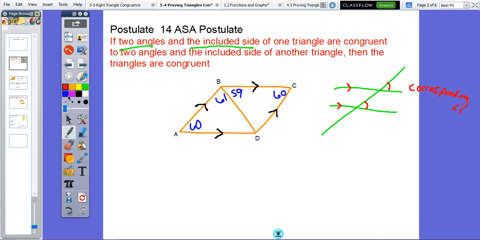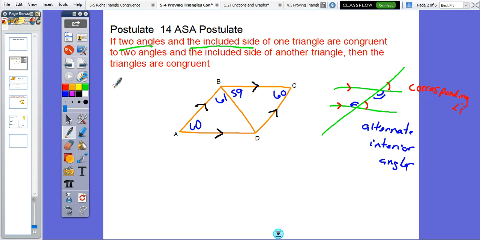This angle right here and this one over here, they're congruent to each other because they're alternate interior angles.